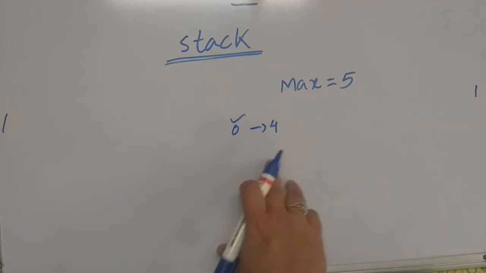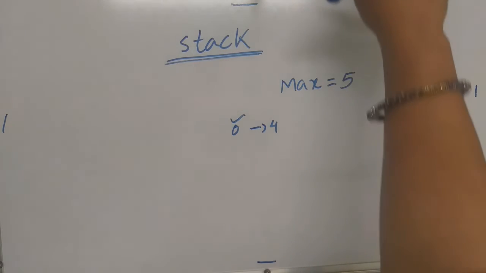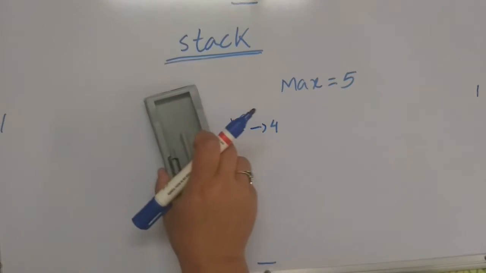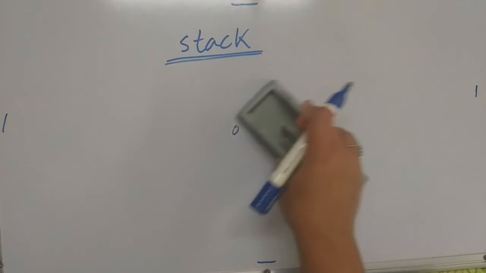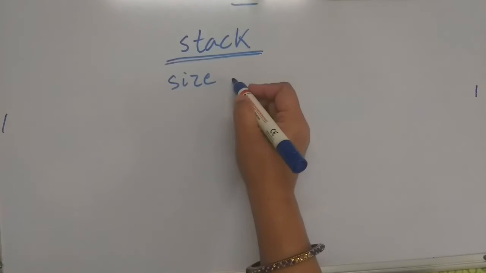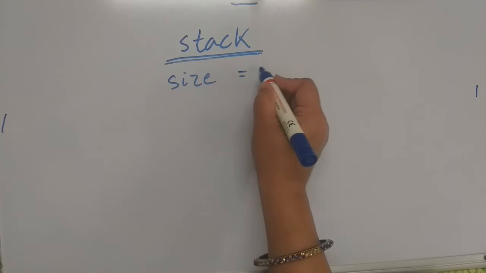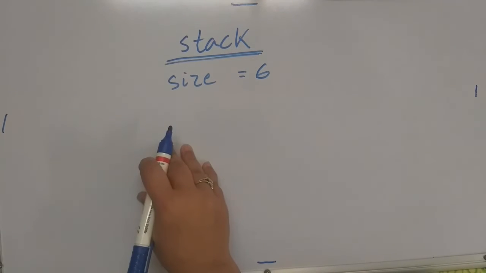Then how do we represent the stack in that particular array representation? Suppose we mention that the size of the stack is 6, size equal to 6.